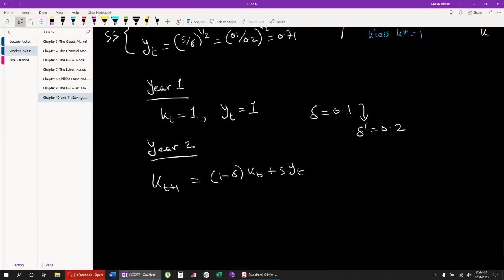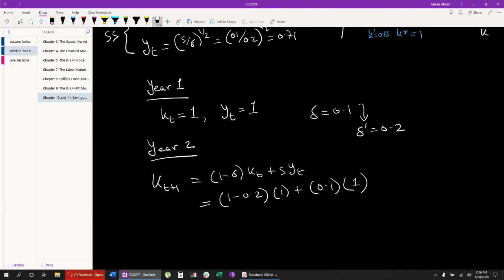Remember, that's the formula. Let's fill this in: 1 minus 0.2, K_t is 1, plus s is 0.1 and Y_t is 1.